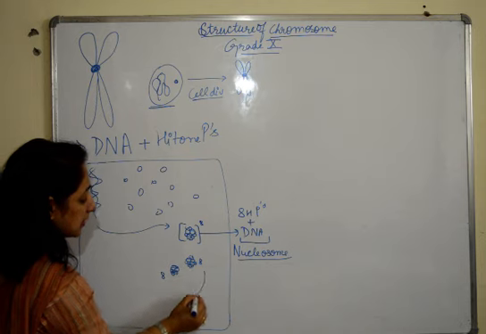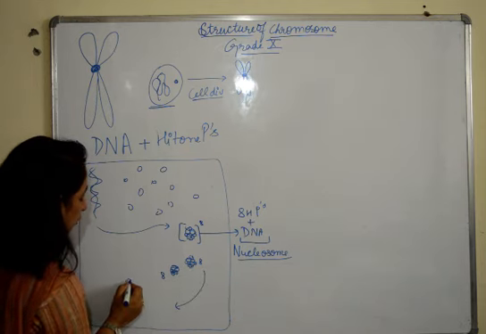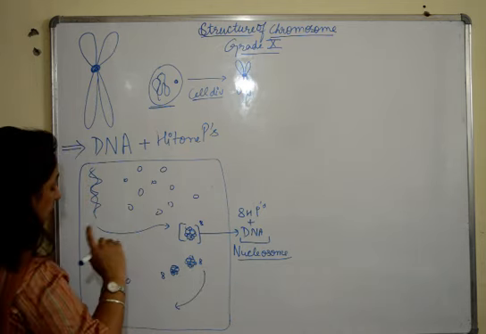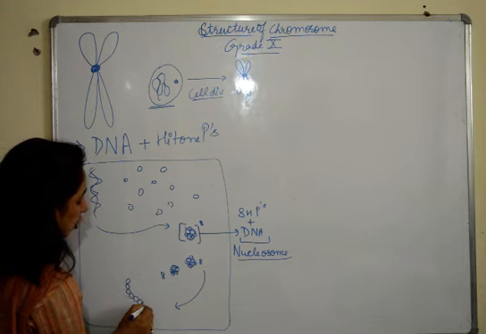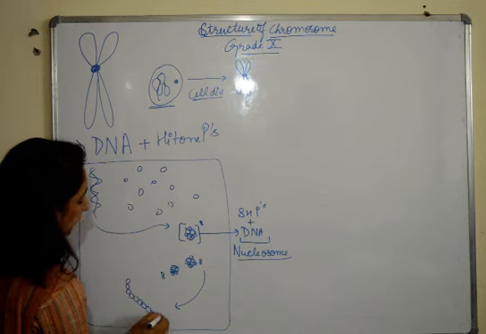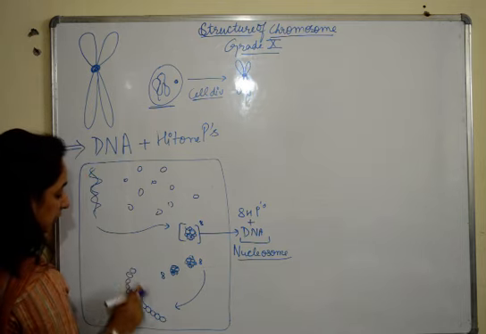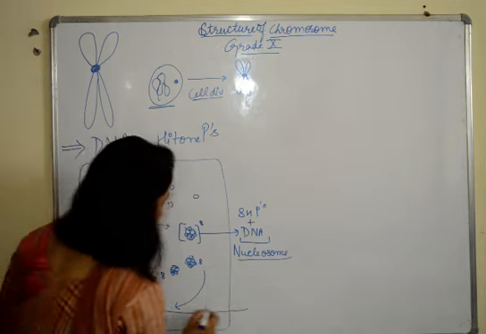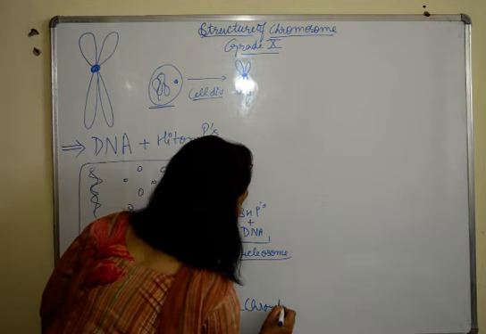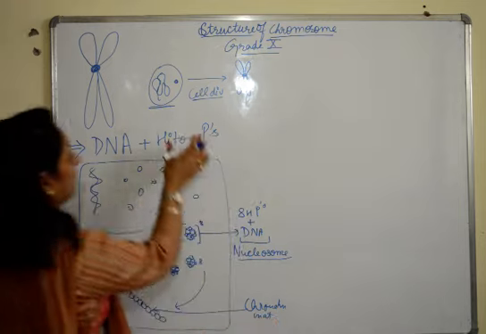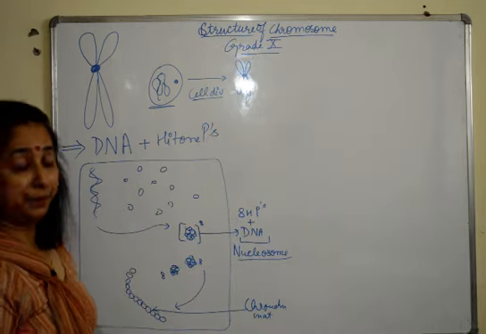Now after this, these nucleosomes will come around. I'll make one round for each. So one nucleosome, they will again come and join like this in the form of chains. This structure is known as chromatin material, which we generally have in the cell.